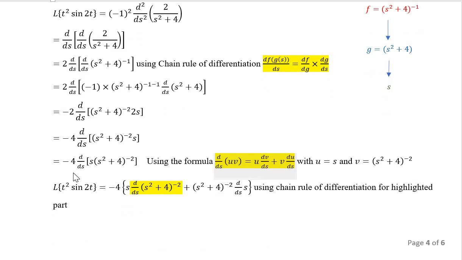Then Laplace of t square sin 2t is equal to minus 4 into, u function as it is, derivative of v function plus v function as it is into derivative of u function. Now, to obtain this derivative, we have to again use chain rule of differentiation. S square plus 4 is g function, s square plus 4 raised to minus 2 is f function.